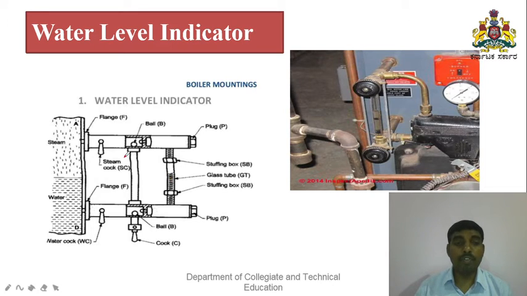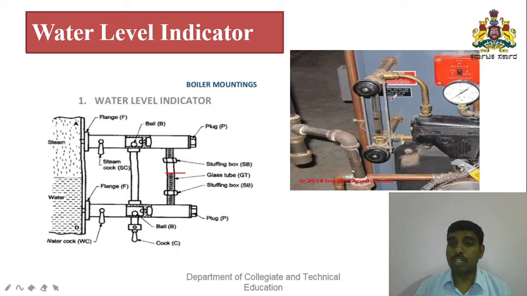Similarly, when the steam cock opens, the steam flows, and the ball valve is also open, and it flows to these parts. So here you measure the level of the water. The bottom level will show the water, and above this level will show the steam. So this is how the water level indicator works.